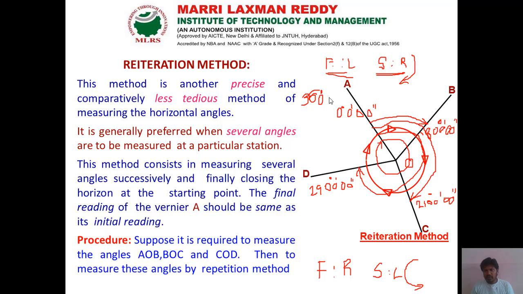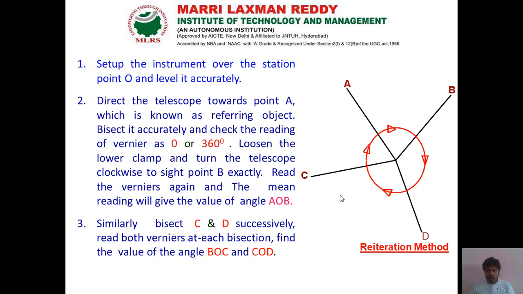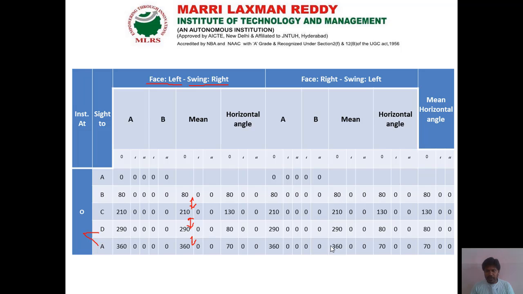Now my swing is with respect to the right swing, which means anti-clockwise. In this direction I have to go. So now 360 degree. From A to D I have to get the reading of 290 degree. When I go to the tabular form, I have to write from the last end to the beginning, so I have to travel in reverse.